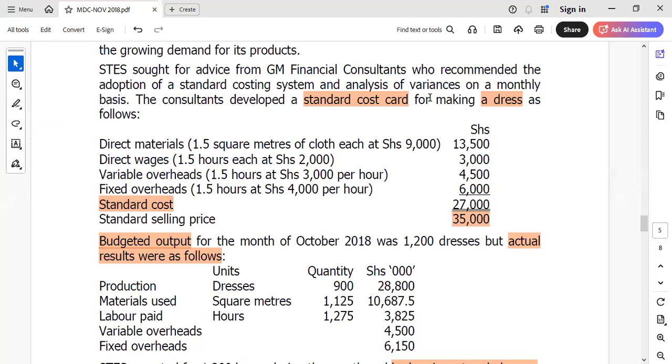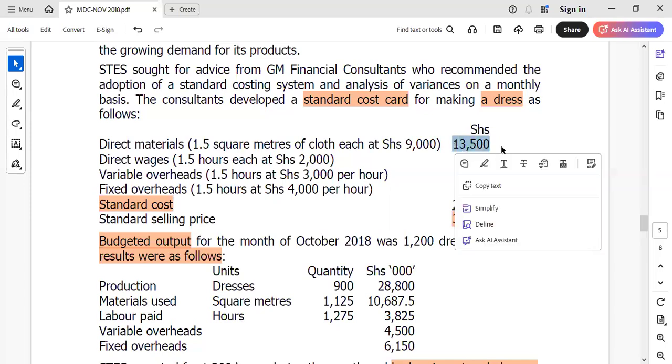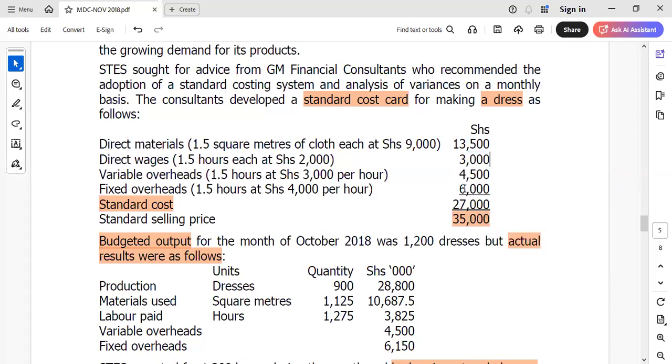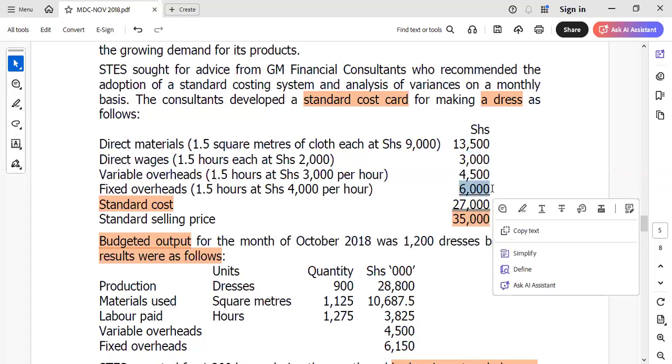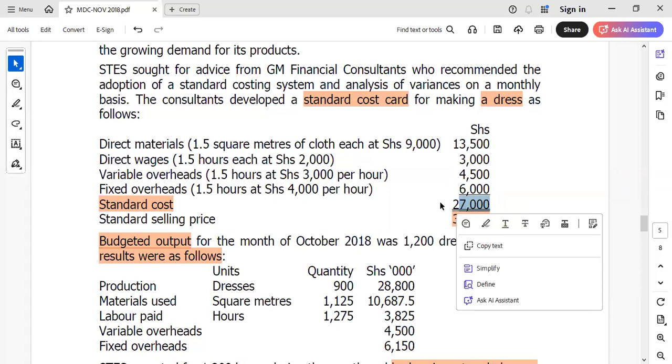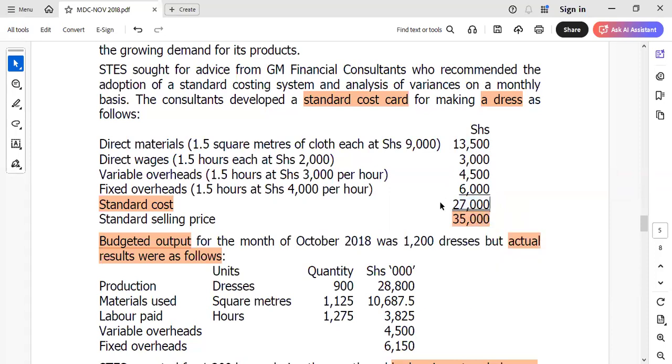Here the examiner has helped you. You already have the total cost per dress: this one plus this one, the variable plus the fixed. So you have the total budgeted costs, including the fixed one, because we have to capture the fixed.